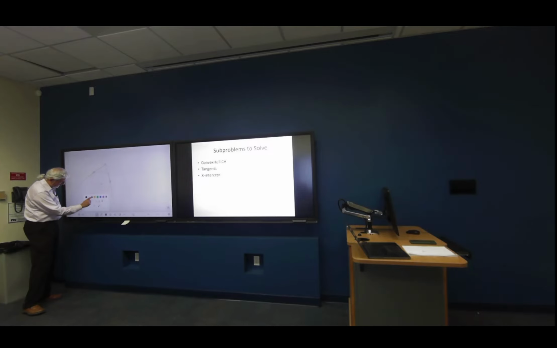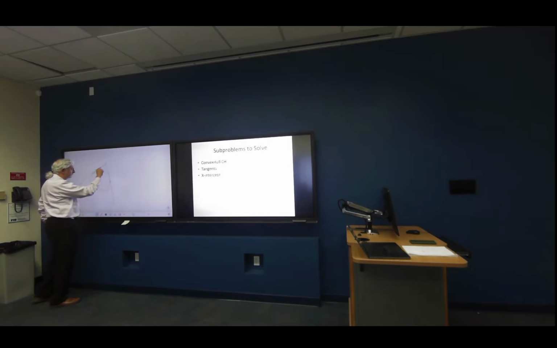So it turns out that it will have all this from before. And it will have the green portion from the new stuff, from the two tangents. And so two more edges correspond to the two tangent lines.